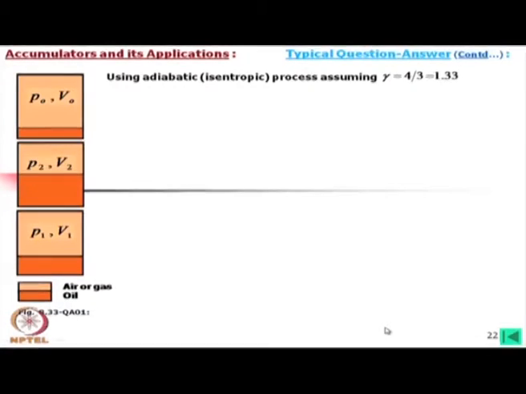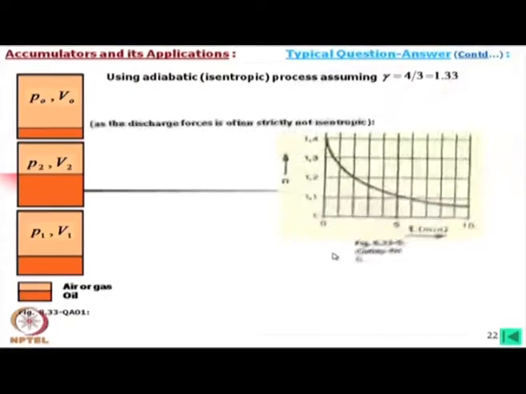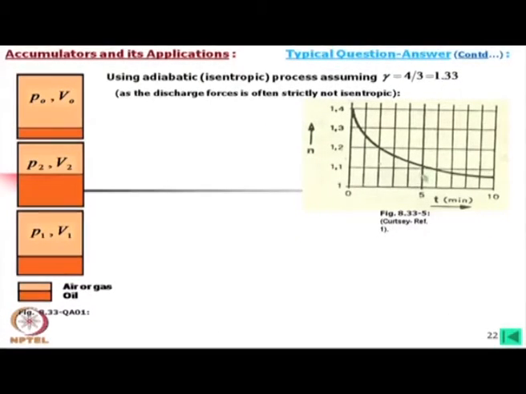Now, this calculation we have shown for isothermal. Now, we are considering this is not exactly adiabatic, but somewhat isentropic, and we have assumed this value is 4 by 3, that is 1.33. Now, in that case, looking into the graph, the time of change is about half a second.